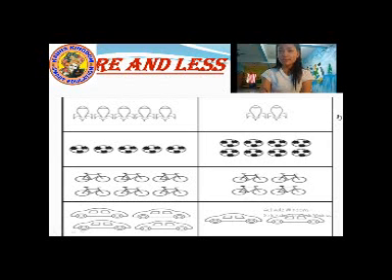It means 4 cars is more than 2 cars, whereas 2 cars is less than 4 cars. Okay, students? Understood?